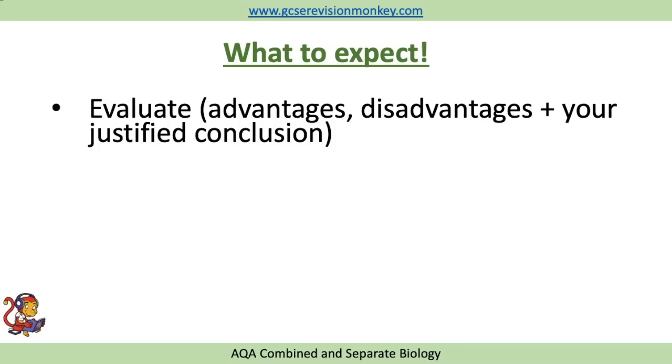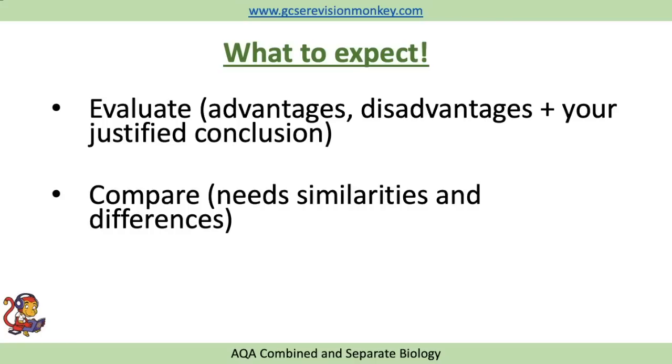So as a quick reminder, for evaluate questions, they won't tell you this, but you must include advantages, disadvantages, and a justified conclusion in your answer. They will just have the word evaluate in the question, but it means give advantages, disadvantages, and a justified conclusion.